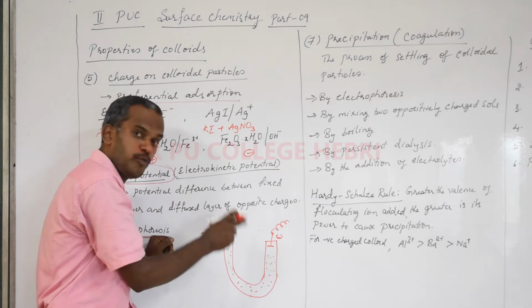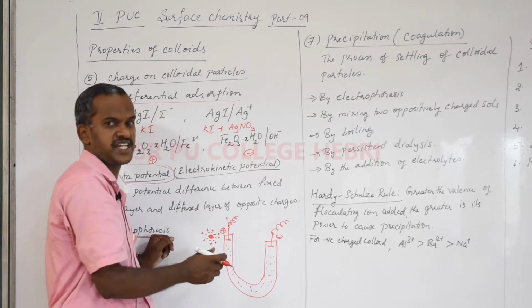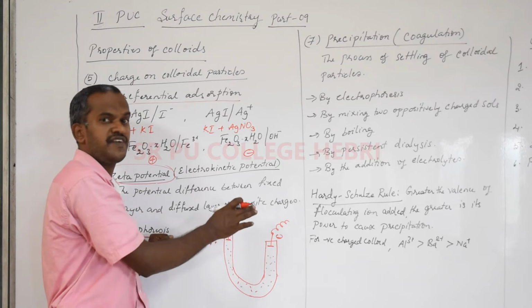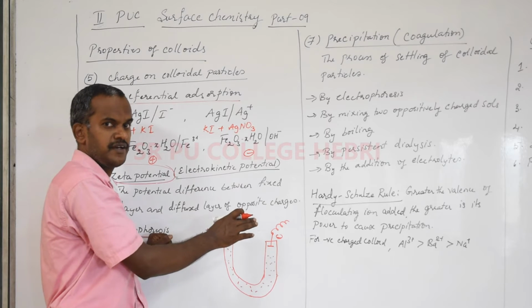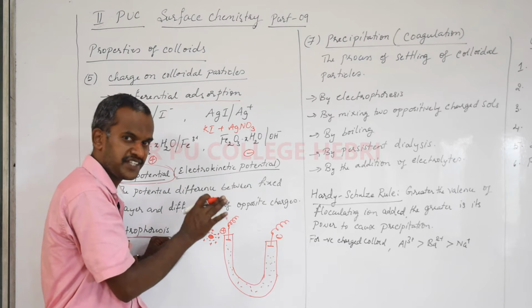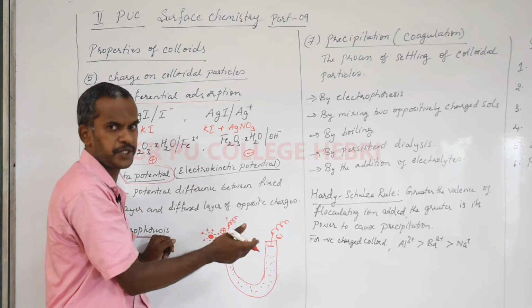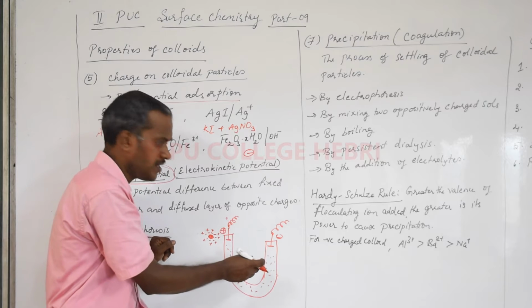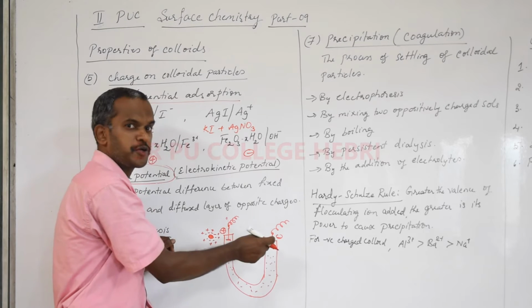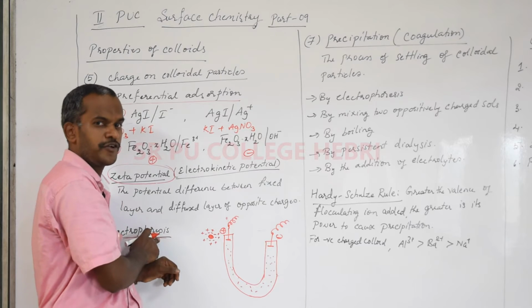So this is the movement of the colloidal particles towards the oppositely charged electrode in the presence of an electric field. Remember the simple definition for electrophoresis: the process of movement or migration of colloidal particles towards the oppositely charged electrode in the presence of an electric field is called electrophoresis.